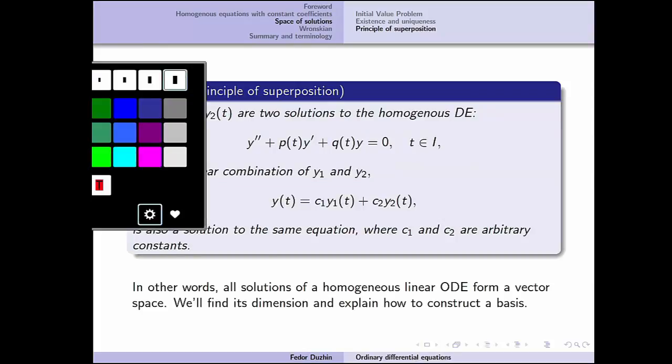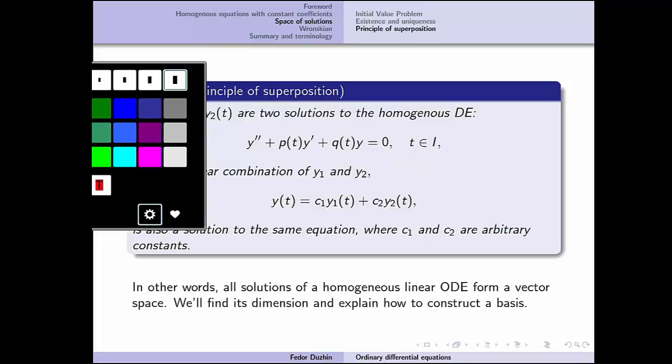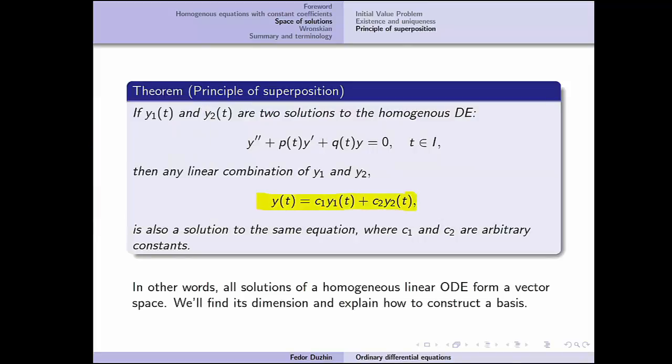The proof here is just you take this, and then you compute y prime, y double prime, and then you just substitute this into the differential equation, and you see that you get a true equality. So the proof here is very, very simple. But we already saw how it works on specific examples, so I hope it's alright if I skip the proof.